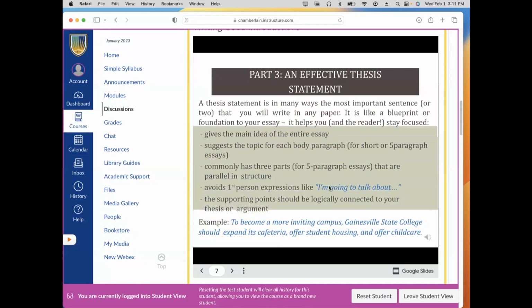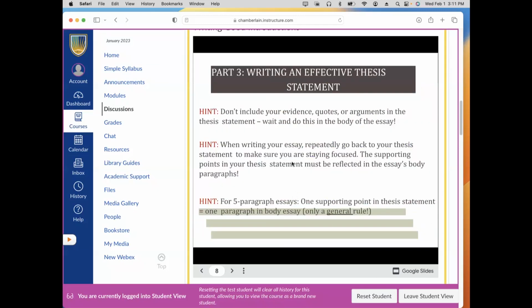You don't want to just be like, I think, or my opinion, so you get rid of that. You don't really use evidence in a thesis statement, so you're not using a quote from anything. So your thesis statement is a non-I statement, meaning you don't use I, where you're basically saying, here's how things are, right? Or here's the problem, the issue, whatever it is you're bringing up.